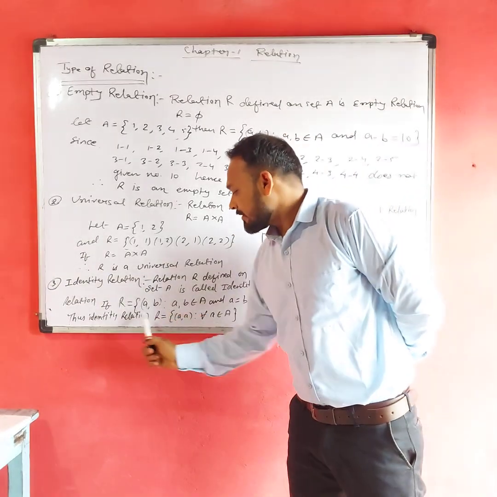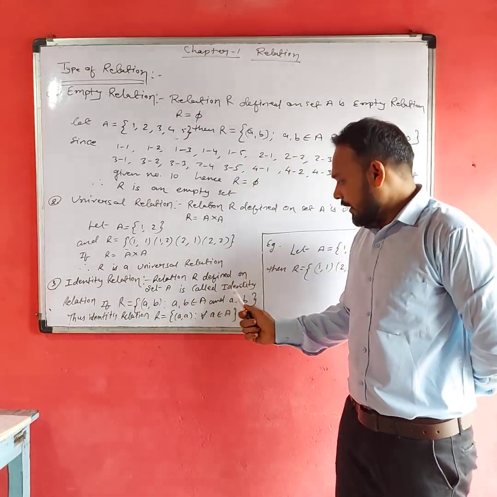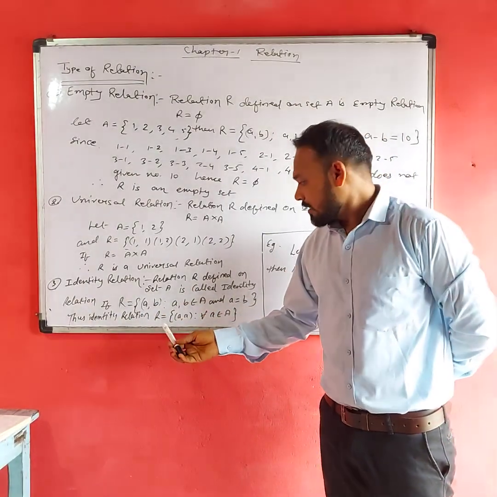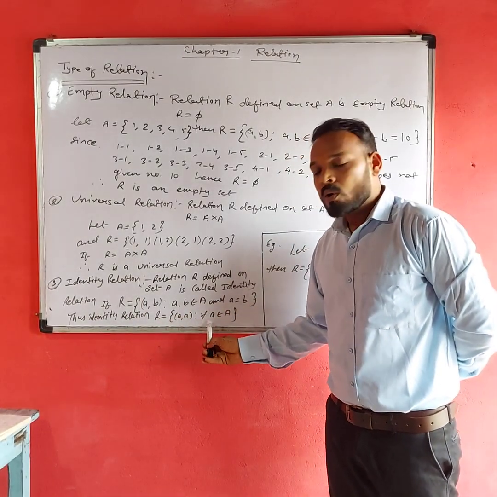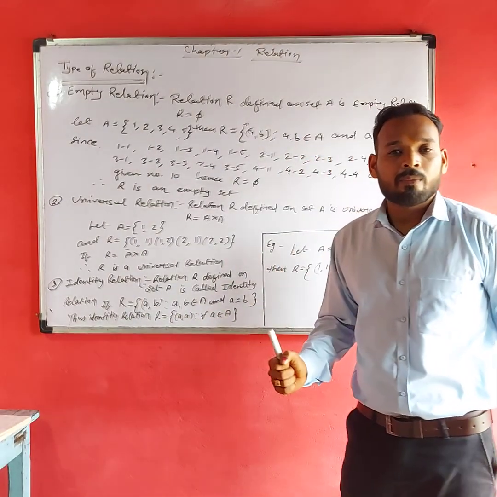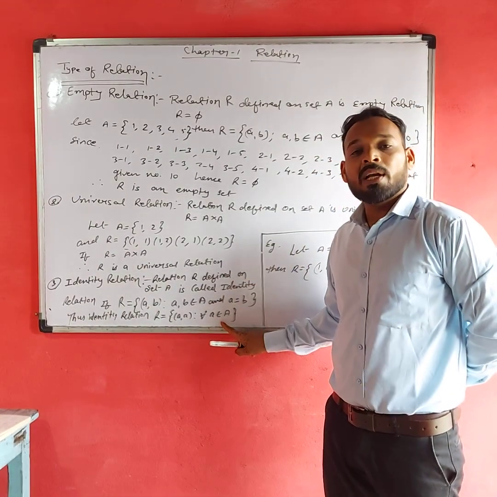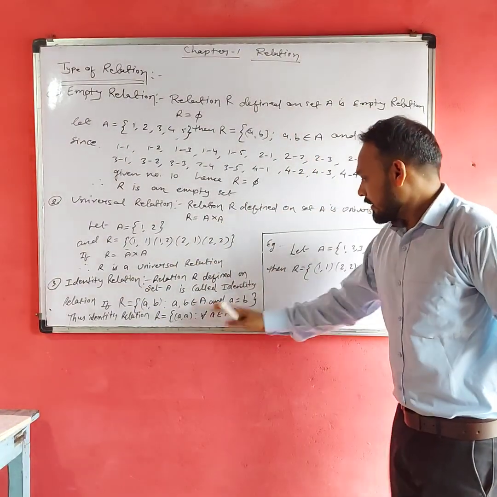Then we write the identity relation as (a, a), meaning both are equal, for all a belonging to A. Every time, both elements are the same.